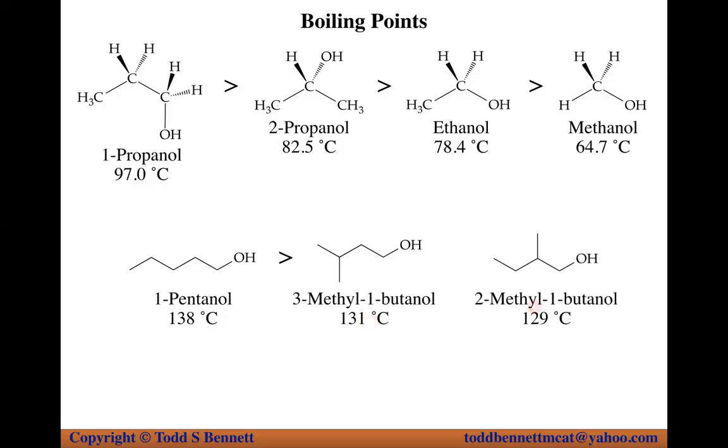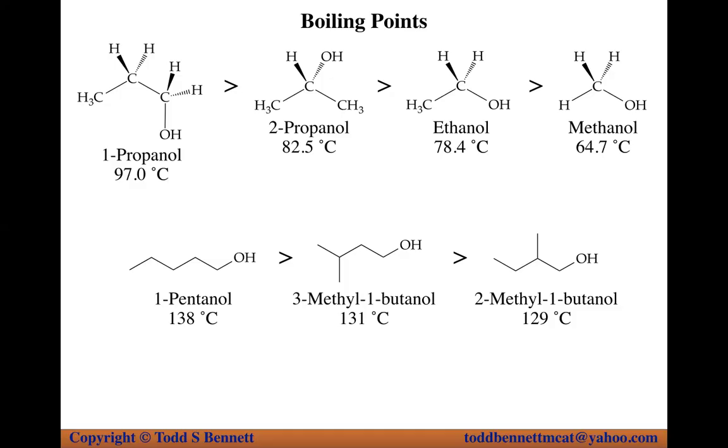But notice it's not nearly as significant as it was going from primary to secondary. So hopefully this makes some sense as you go through it. Don't get overwhelmed. Don't memorize boiling points, but take the time when you go through this to write down why this boiling point is higher than this one and why this boiling point is higher than this one.